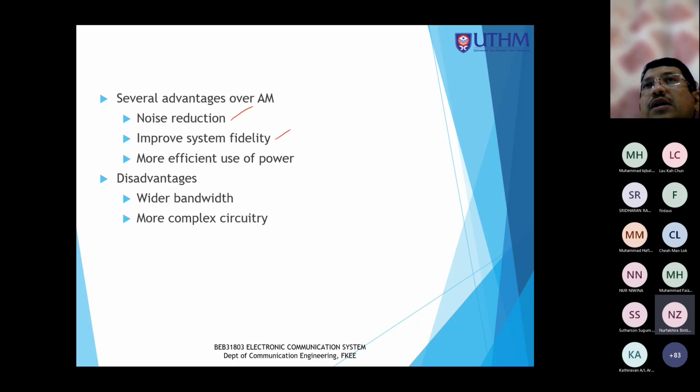So we're going to have a better signal in terms of SNR at the receiver compared to AM, and it is a more efficient use of power compared to AM. The disadvantages are wider bandwidth and more complexity. This is if we compare FM with AM, or we can compare PM and AM. So this is for the advantages and disadvantages of the angle modulation signals that we use.